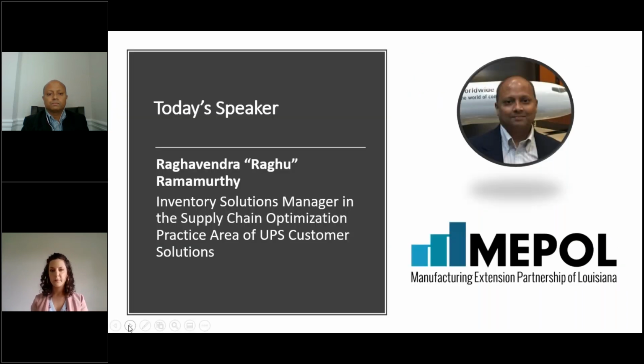The webinar today will be presented by Raghavendra Ramamurthy, Inventory Solutions Manager in the Supply Chain Optimization Practice Area of UPS Customer Solutions. Mr. Ramamurthy has 15 years of supply chain experience in operations planning, logistics, and process improvement.